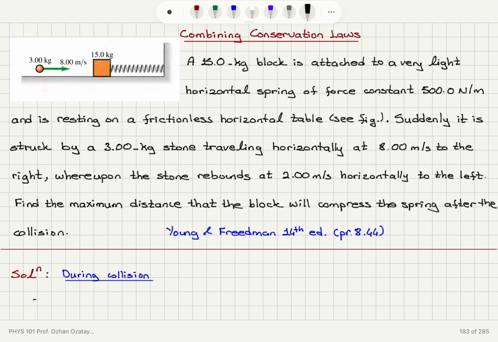So at that moment, because the spring is relaxed, net external force is 0. Therefore, the change in the total linear momentum of the system must be 0. So we find that linear momentum should be conserved.